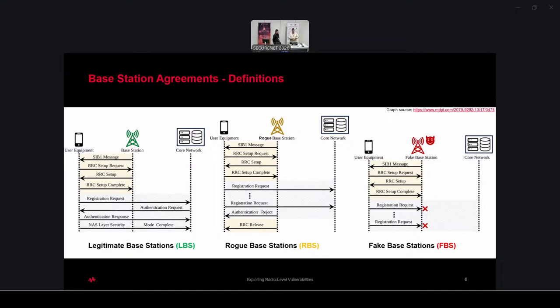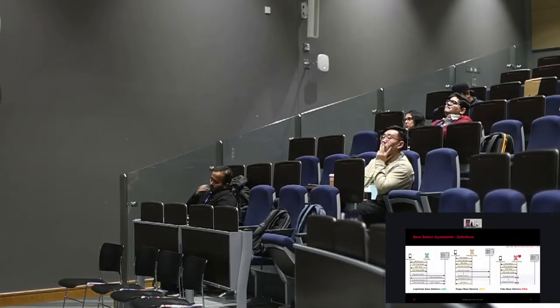A rogue base station could be a legitimate base station, but infected by malware or compromised by an attacker, or even misconfigured. If you misconfigure a base station, the behavior could be like a rogue base station. And the last one is a fake base station or false base station. That is a malicious base station. Somebody put that cell there.